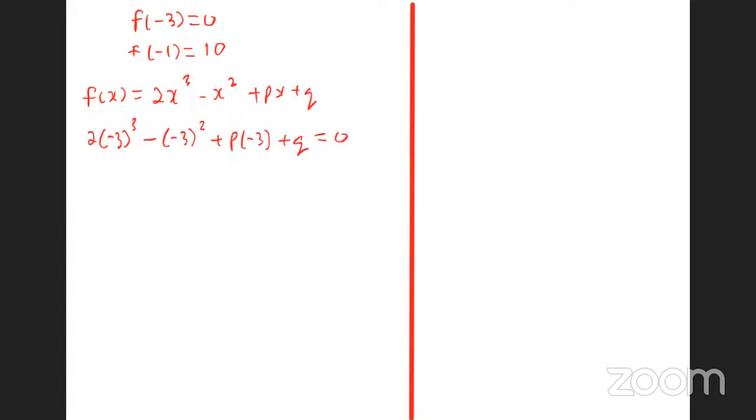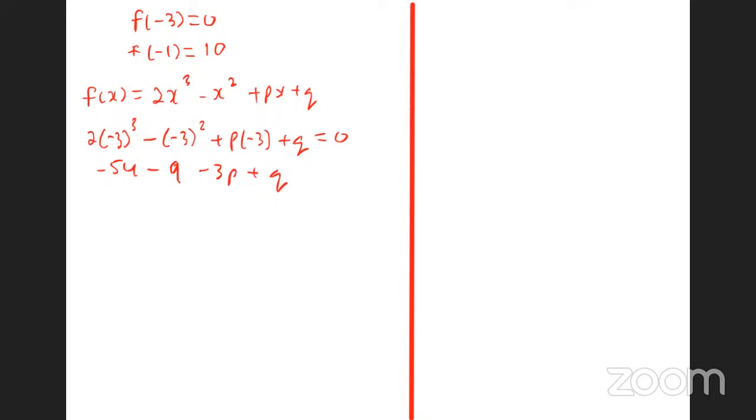So the first equation I got here is minus 27. Help me out there. That's minus 27, that's minus 54, correct? Minus 9, minus 3p. What's minus 27 by 2?